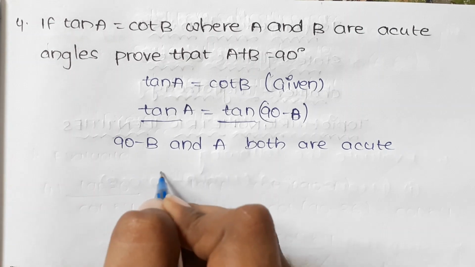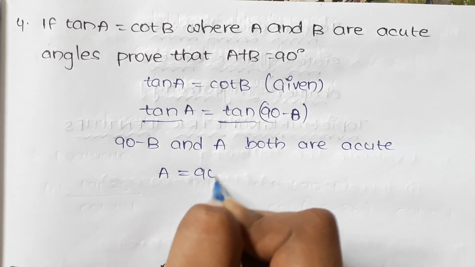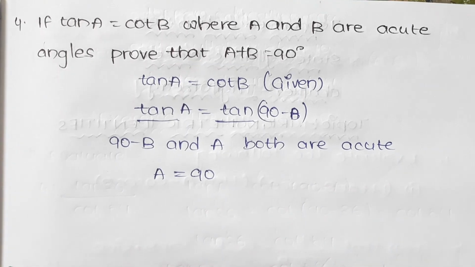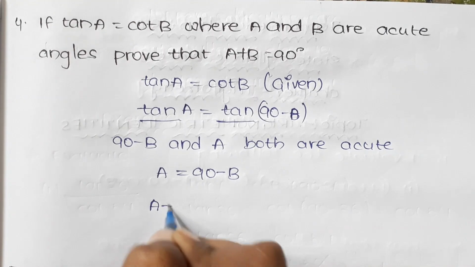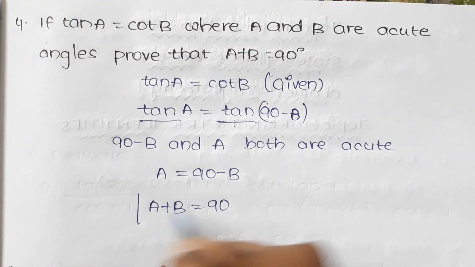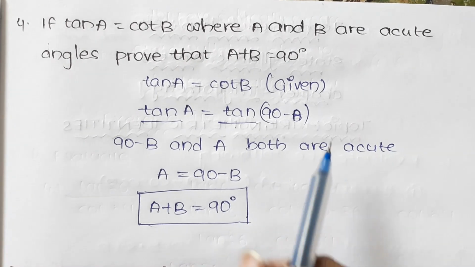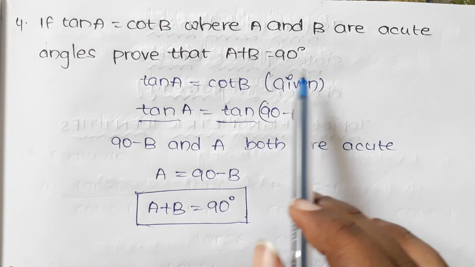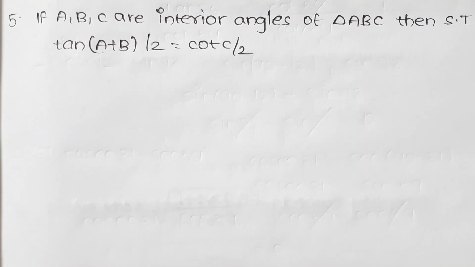That is, we can write A equals 90 minus B, and from this B taken to the LHS, so A plus B equals 90 degrees, and hence it is proved that A plus B is equal to 90 degrees. And this is about the fourth problem. Now let us see the fifth one.